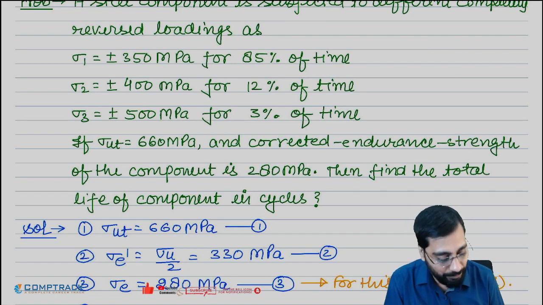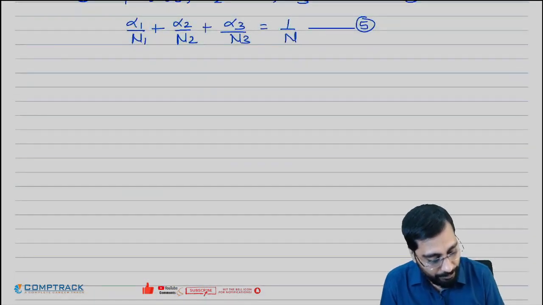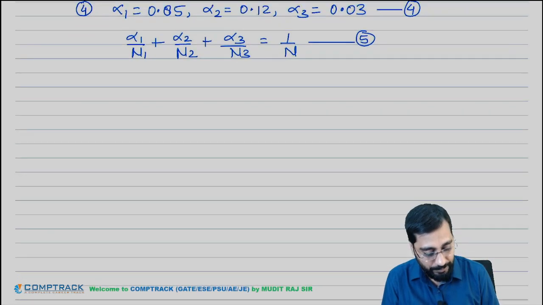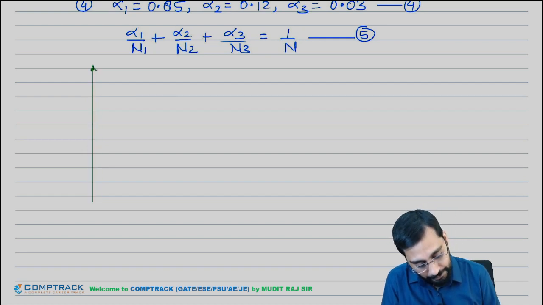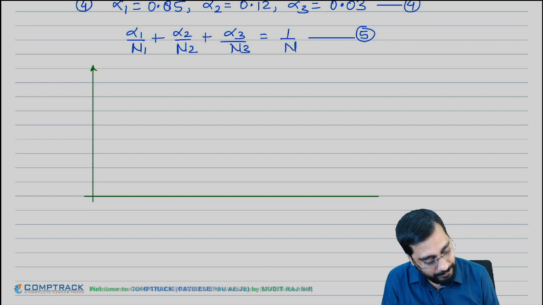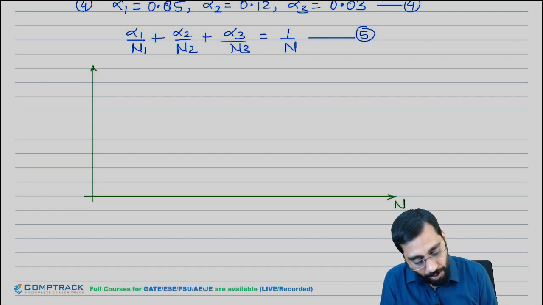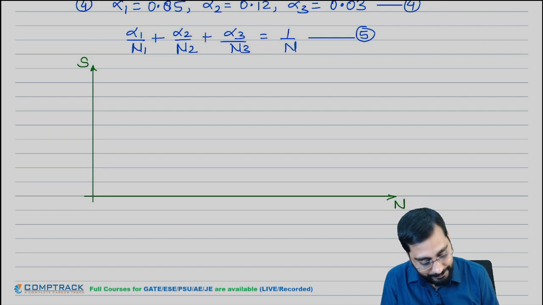But SN curve we will not solve for 3 times. We will find an equation between the number of cycle and applied stress. Look here how.